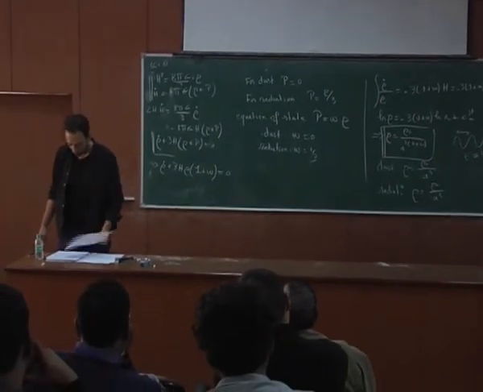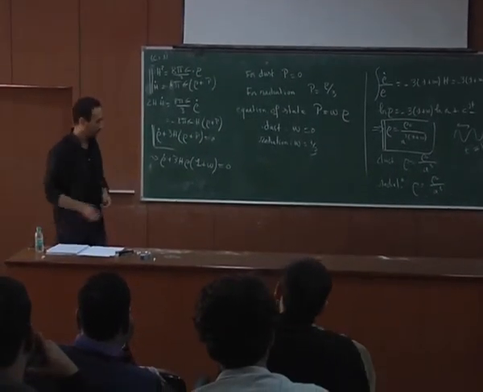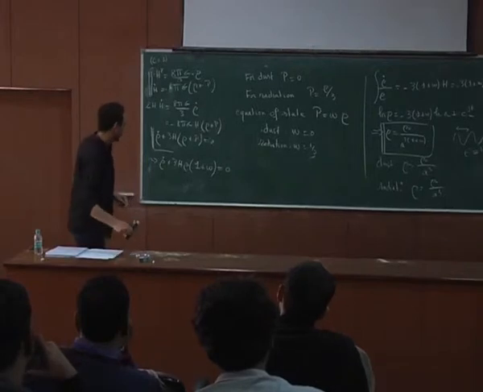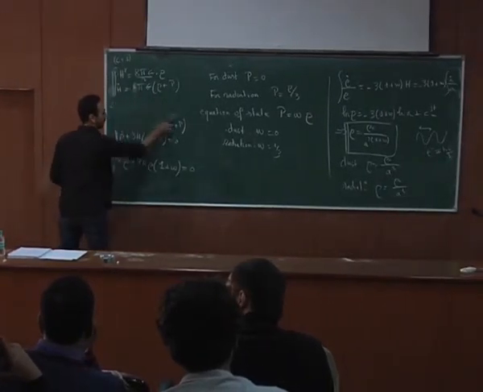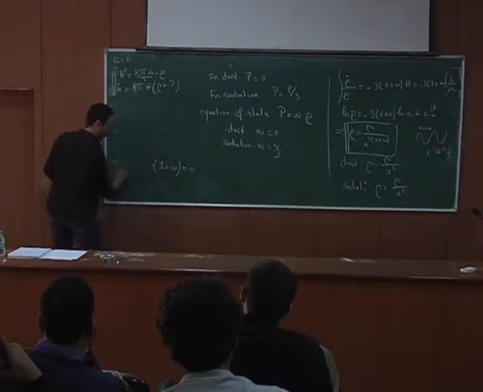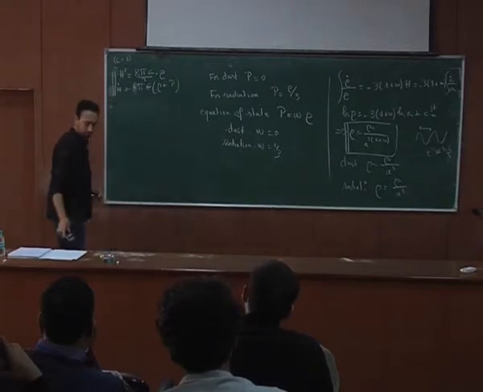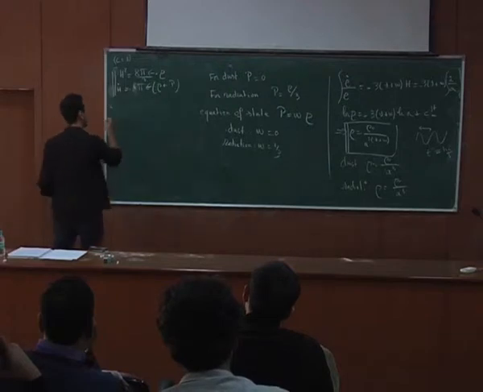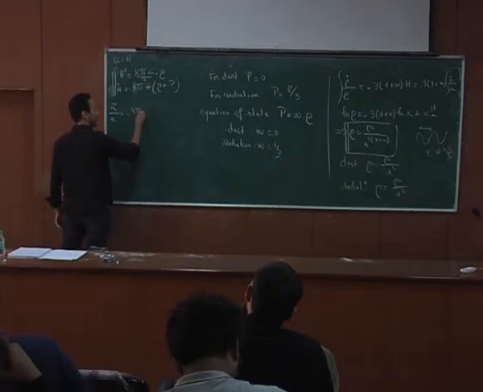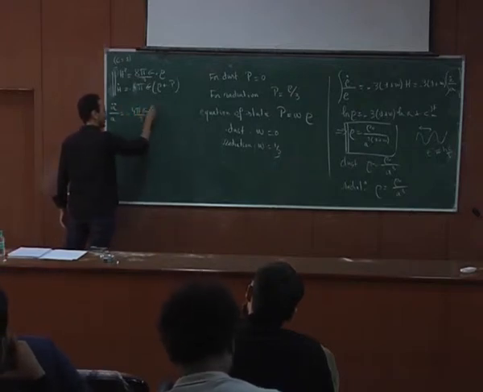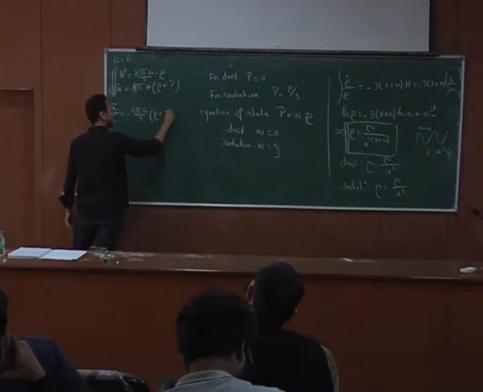Okay, so let's go back to the idea that I was talking about this morning on the acceleration. Remember that we found that the acceleration divided by A was something like minus 4 pi G divided by 3 times (density plus 3p).